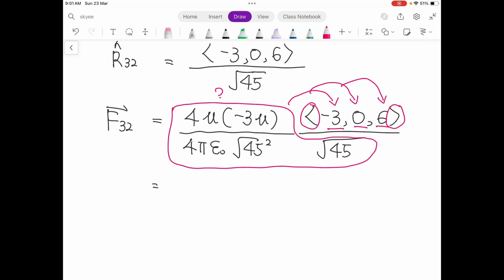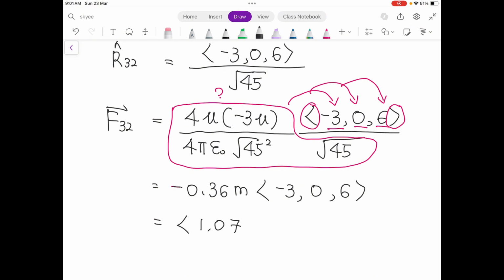So this is negative 0.36, it's a milli, and you have to multiply with -3, 0, and 6. Multiply -3, so you get 1.07 milli, and you get 0 here.